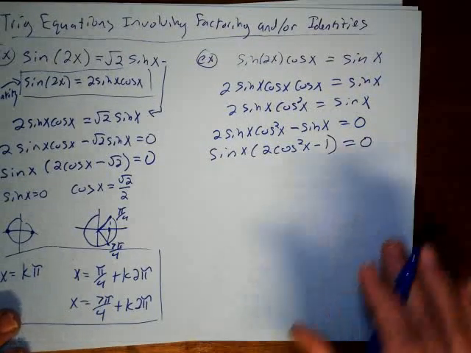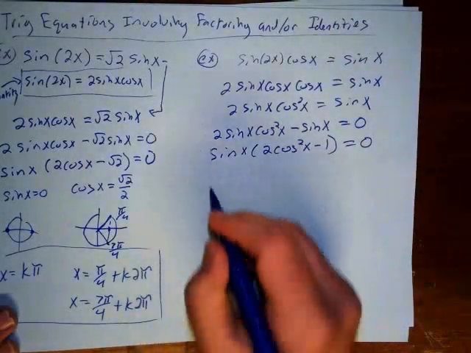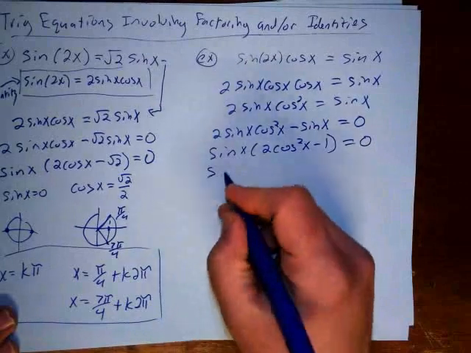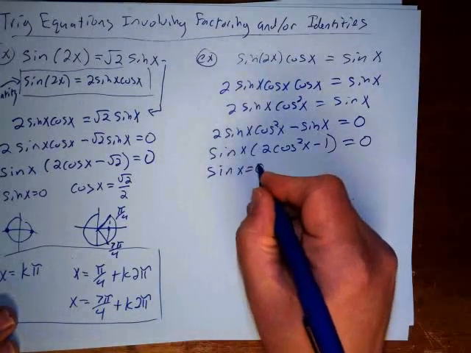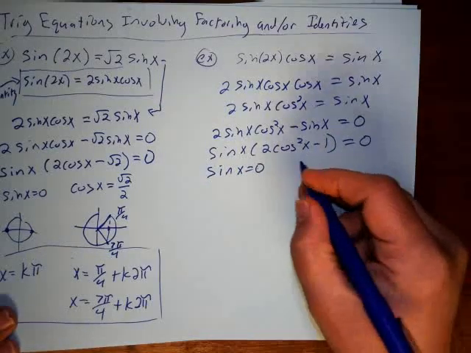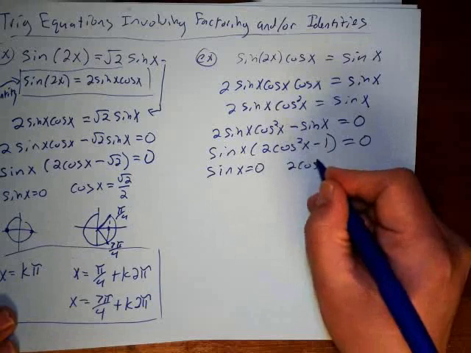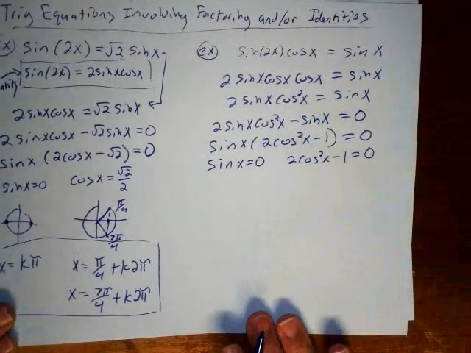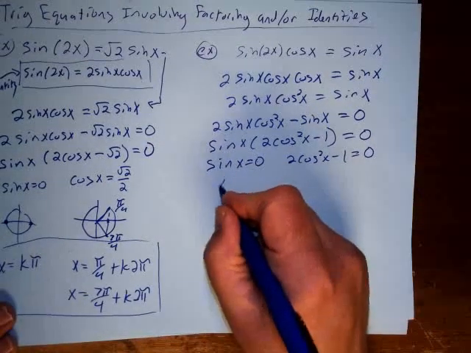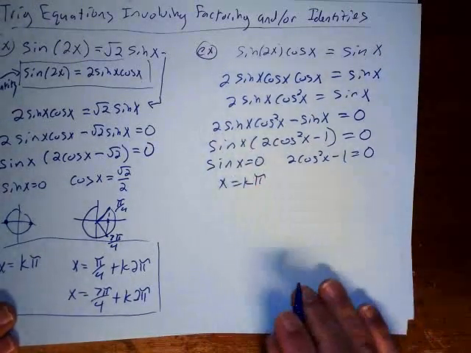So sine x times the quantity 2 cosine squared x minus 1 is equal to 0. I just set each one equal to 0, so I get sine x is equal to 0, and this one here would be 2 cosine squared x minus 1 is equal to 0. This one, of course, is just x equals k pi.